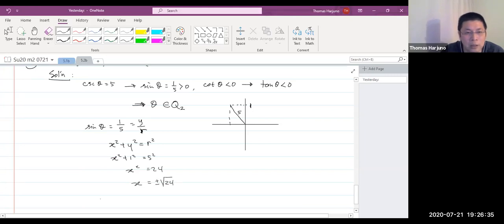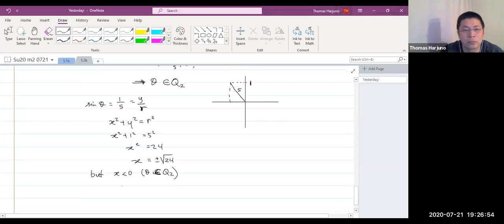But x is negative. Notice that theta is in quadrant 2. So x equals the negative branch of 2 square root of 6.